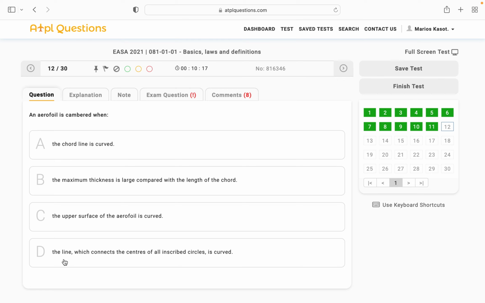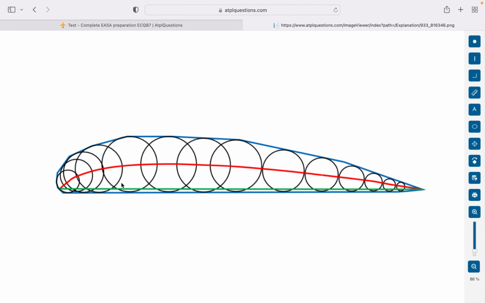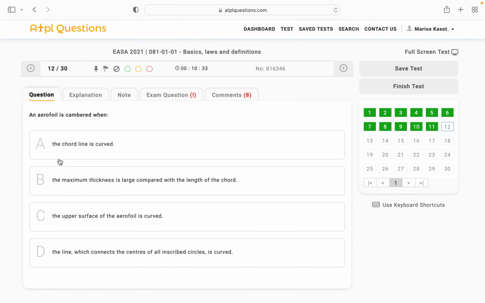The correct answer is D. The line which connects the centers of all inscribed circles is curved. It would be a bit difficult to draw this. I hope you can see it clearly in the explanation what this means. And this is the camber line, the red one. So the correct answer is D.